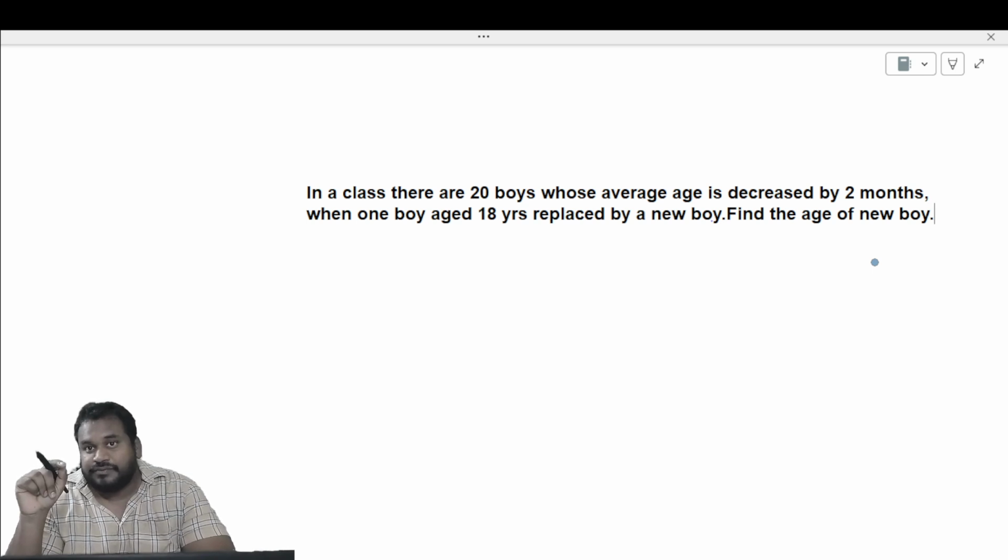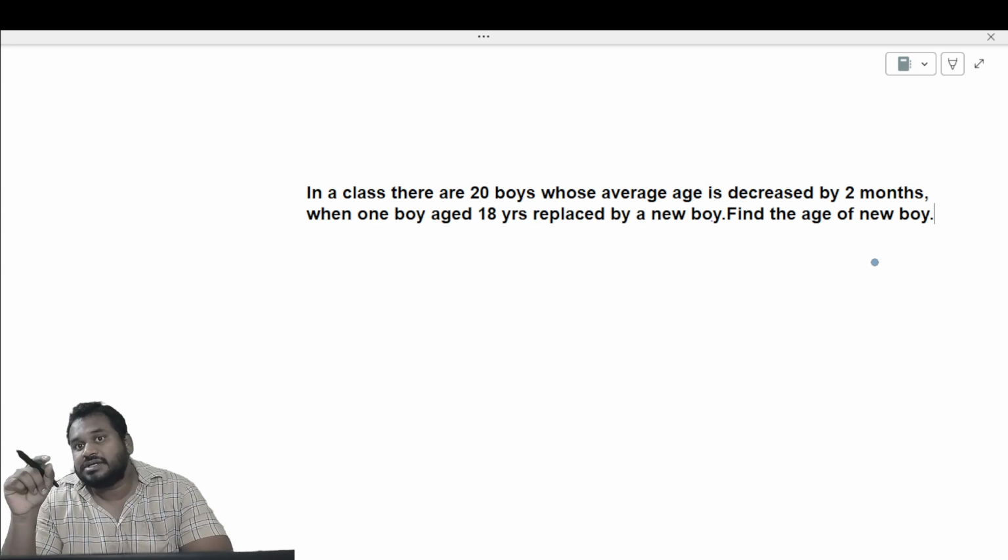But when the new boy came, the average decreased. When the average decreases, the new person has an age lesser than the person who left. Suppose one person who is 30 years of age left.